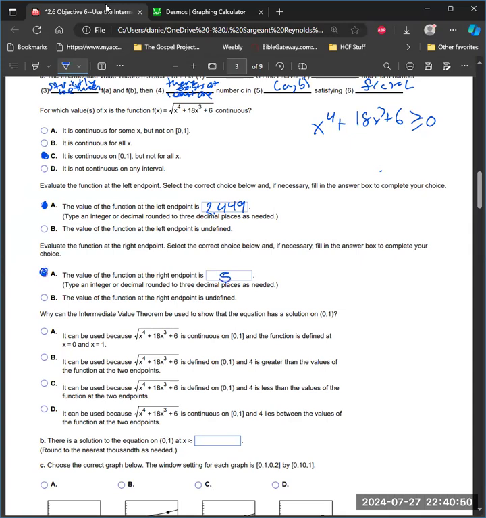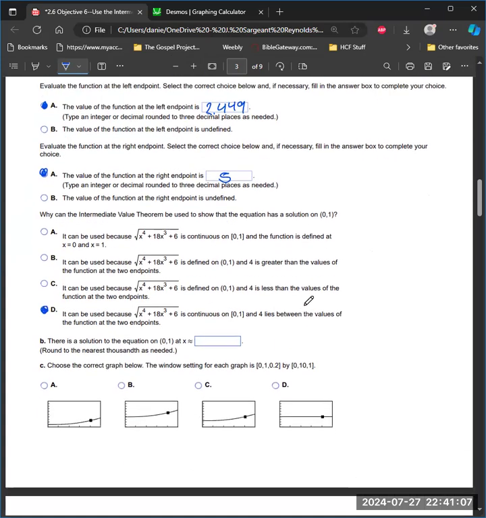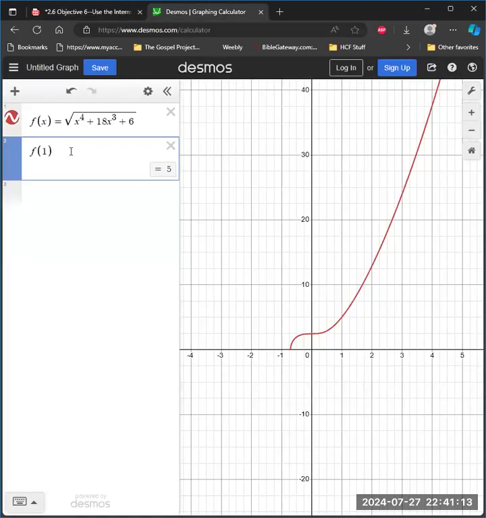So because 4 is between 2.449 and 5, and the function is continuous on the interval from 0 to 1, the theorem can be used to show that there's at least one c value between 0 and 1 where the function is going to equal 4.